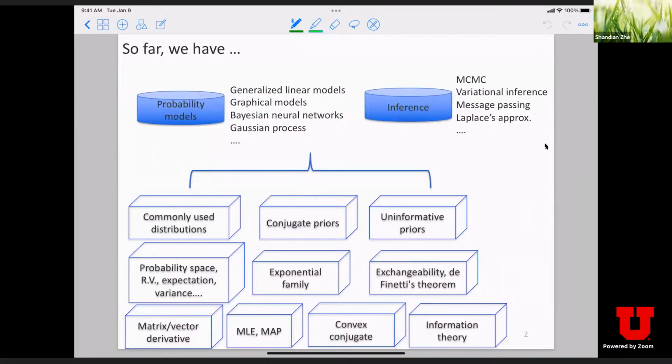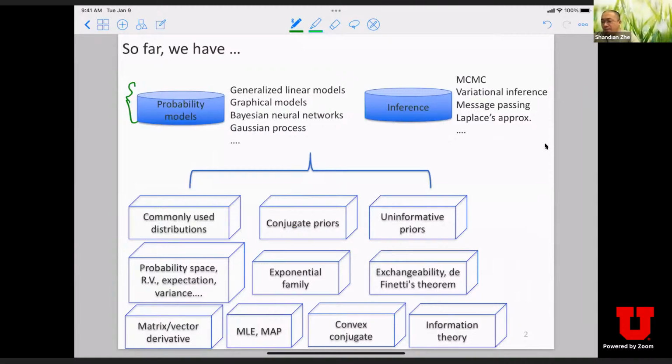In the subsequent discussions throughout this semester, we're going to introduce different types of probabilistic models, which include generalized linear models. Then we'll move to the so-called graphical models. We're going to use graphical language to describe the structure of models and also review what kind of conditional independence structure is reflected in the graphical models.